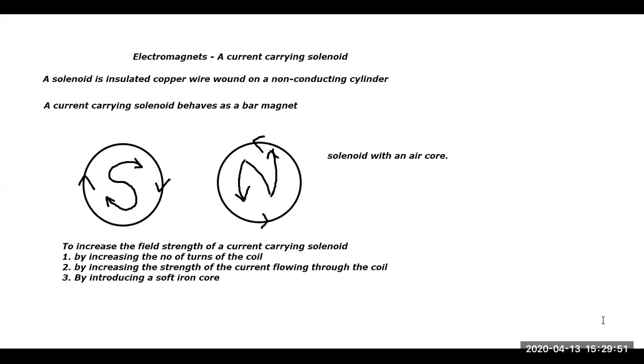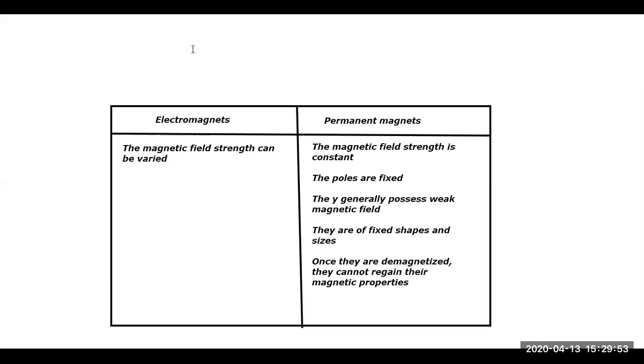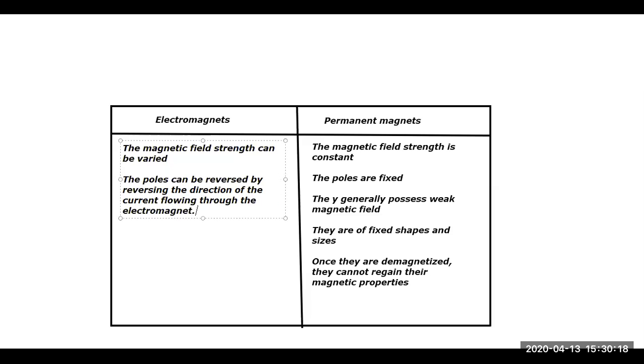So that means I can vary the strength of the magnetic field of an electromagnet. The poles can be reversed. How can I reverse, children? By reversing the direction of the current flowing through the magnet, right? You can reverse the direction.